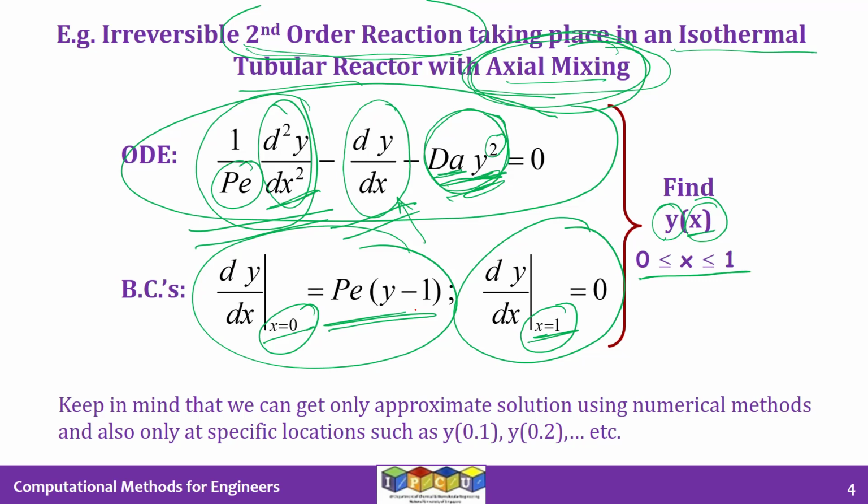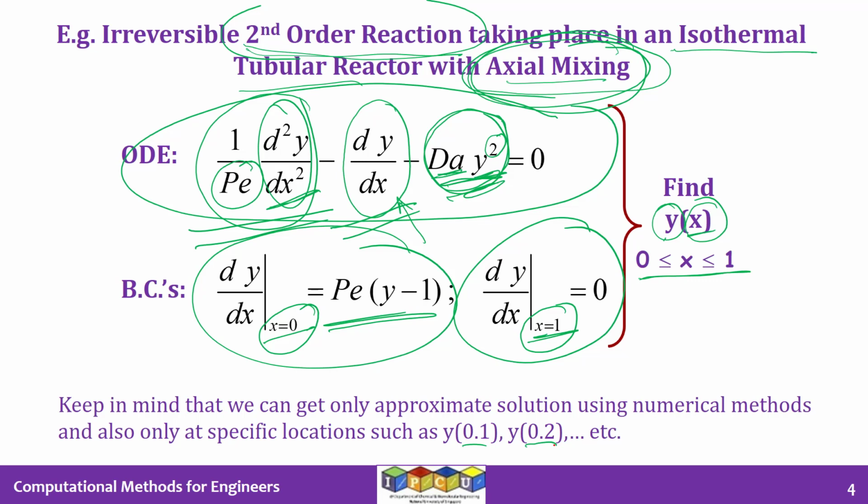We will see that the answer is very simple if we use finite differences and learn a few ways of dealing with it, a few tricks, if you can say that. We will get there ultimately. But as of now, keep in mind that because we are solving these boundary value problems numerically, we are going to get the values of y at certain specific locations of x, for example at x is equal to 0.1, x is equal to 0.2, etc., depending on our step size or grid size.